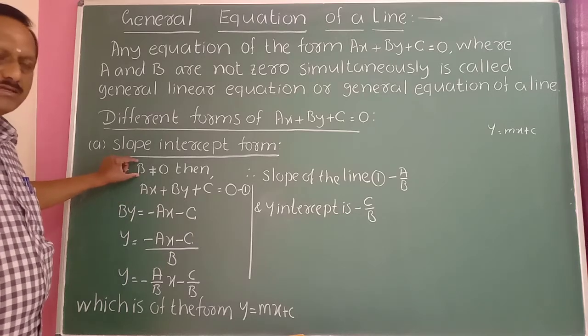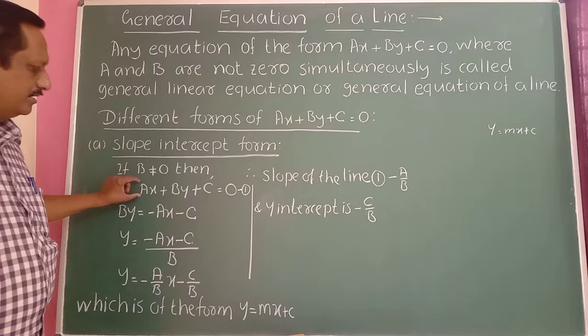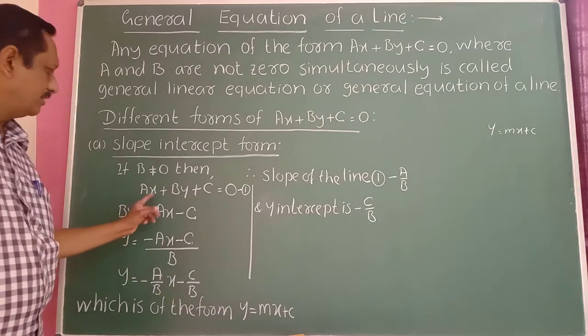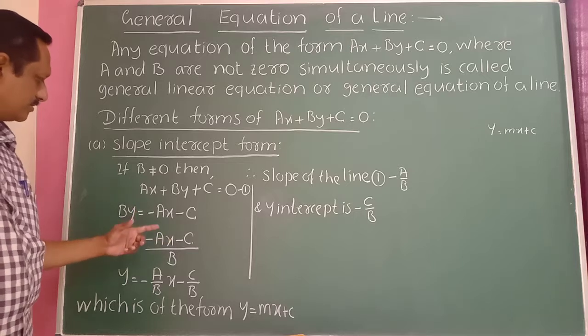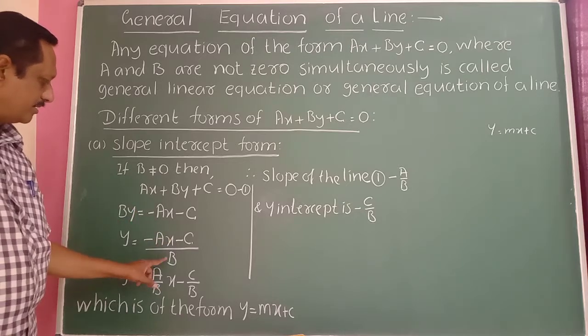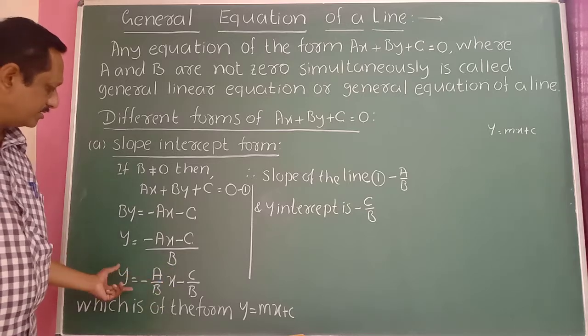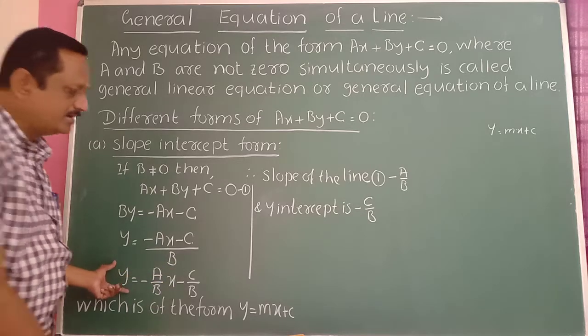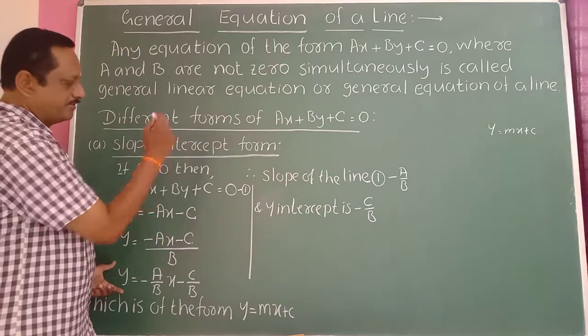In this case, b is not equal to 0. Write this equation in this form: take the x term and constant to the right hand side, cross multiply, and we get minus a upon b into x minus c divided by b. So this is in the form y is equal to mx plus c, the slope intercept form.